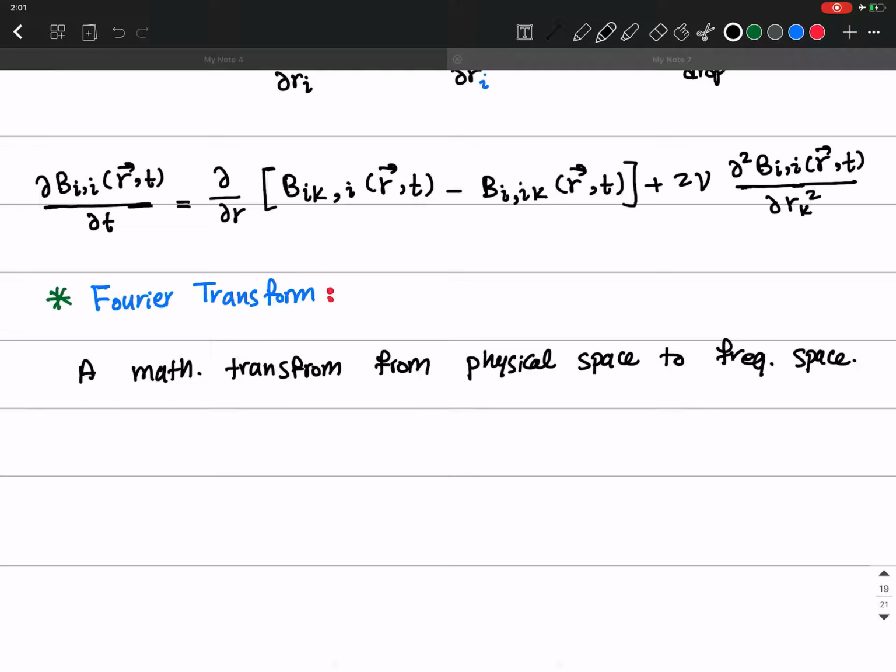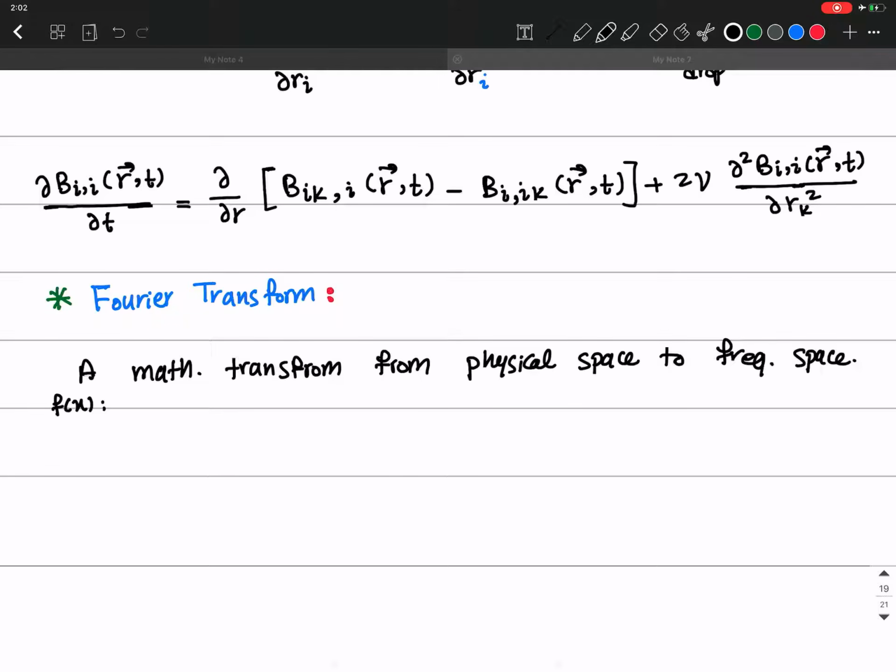We typically do it for complex Fourier transforms based on integrals. So say we have a function f(x) and we want to do the Fourier transform on that.